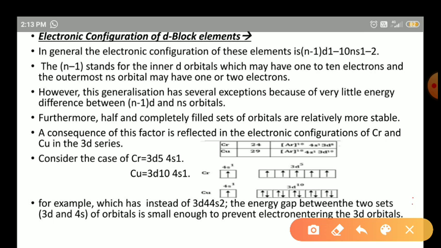So the electronic configuration is this one. This is the electronic configuration: (n minus 1)d 1 to 10 electrons and ns 1 to 2. Here n stands for the period, either the fourth period, fifth period or sixth period.